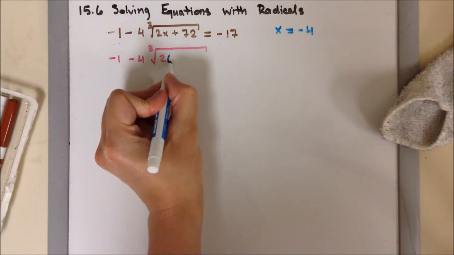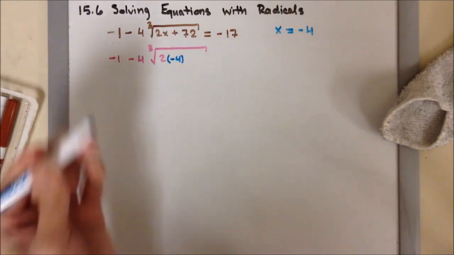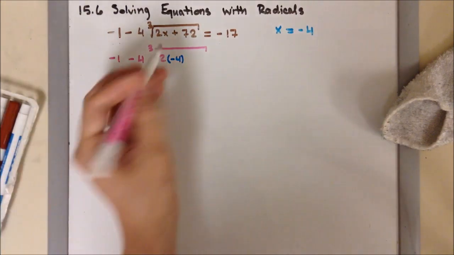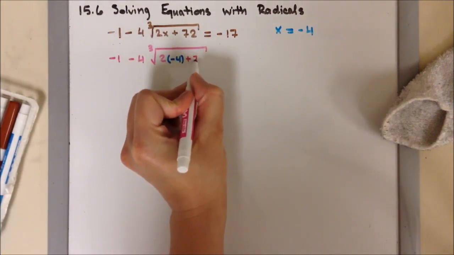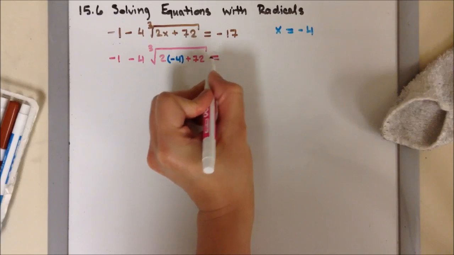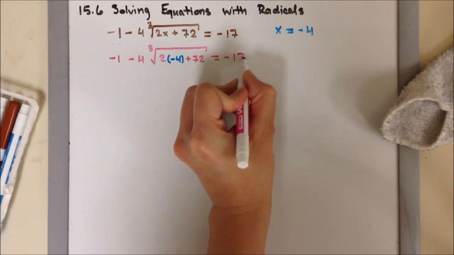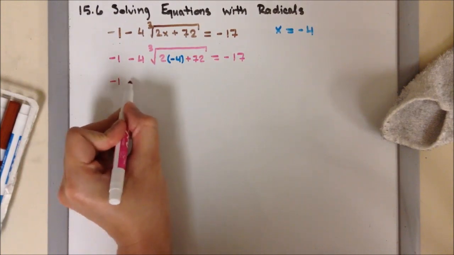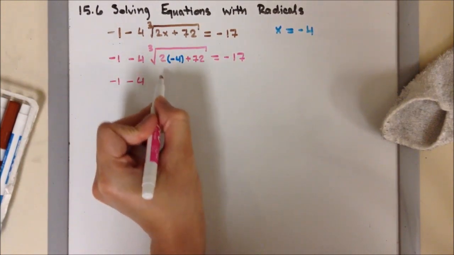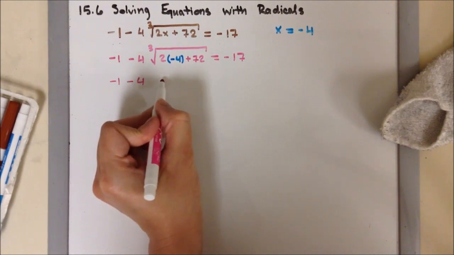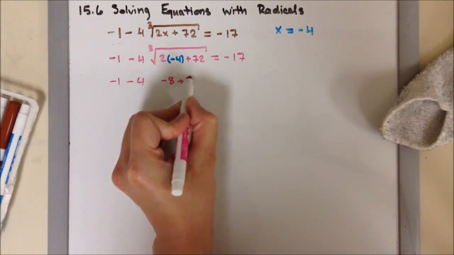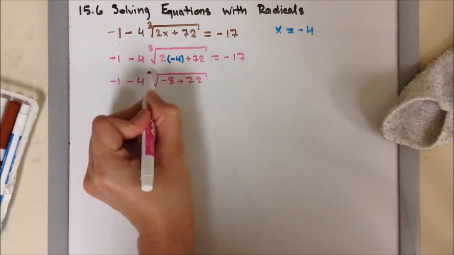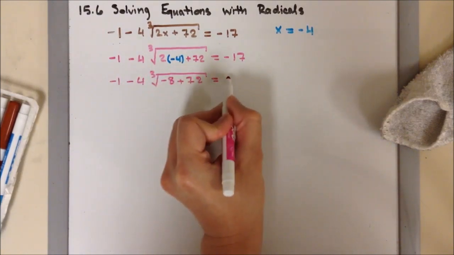So 2 times -4 plus 72 is supposed to equal negative 17. So I'm going to work on the inside. Everything else will stay the same. Now inside, 2 times negative 4 will be negative 8 plus 72, inside the cube root, equal to negative 17.